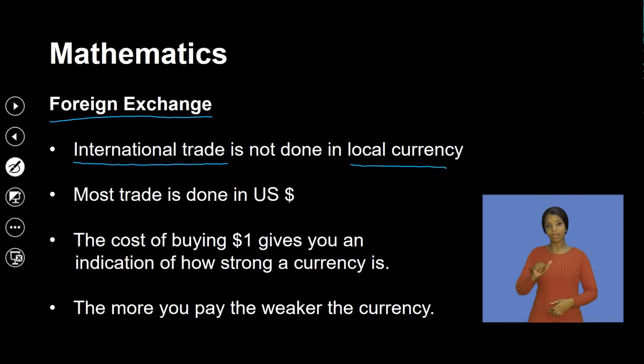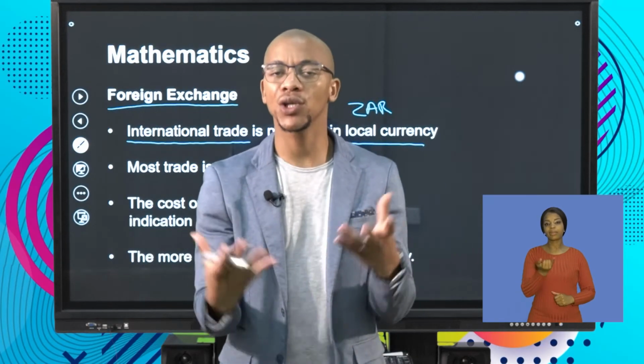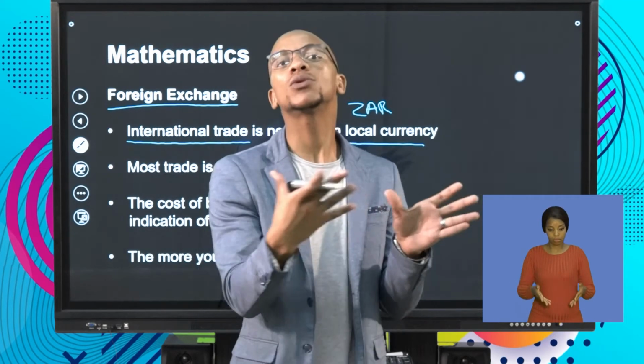In local currency, here we're talking about things like ZAR, which is what we have locally. But this trade is mostly done in US dollars, because this is your most commonly used currency in almost all the states.